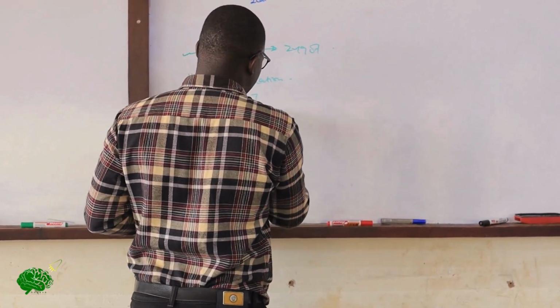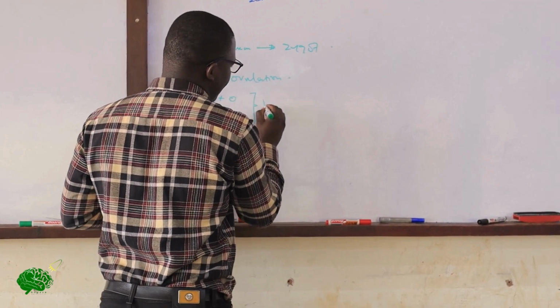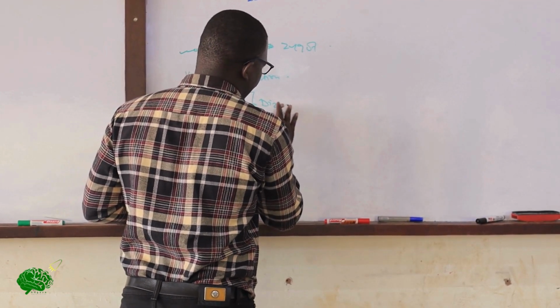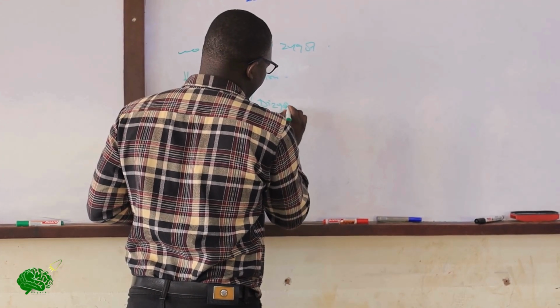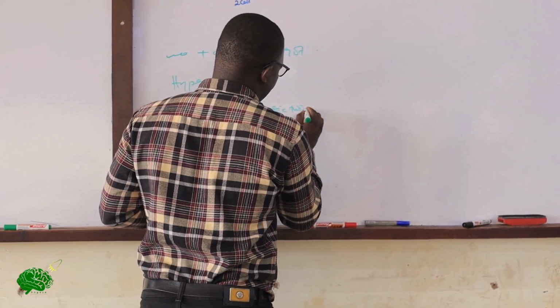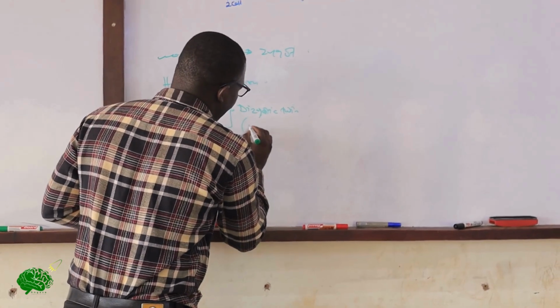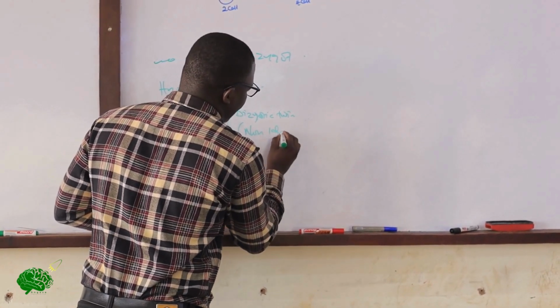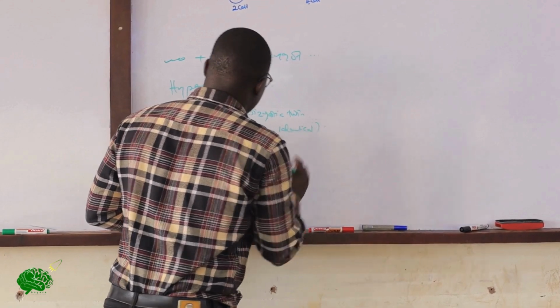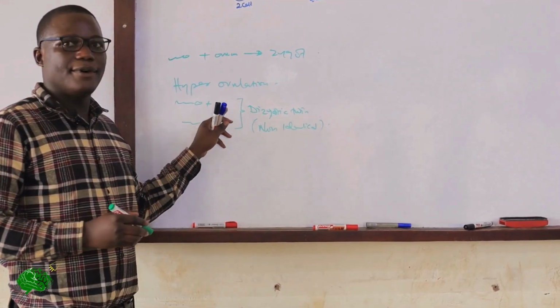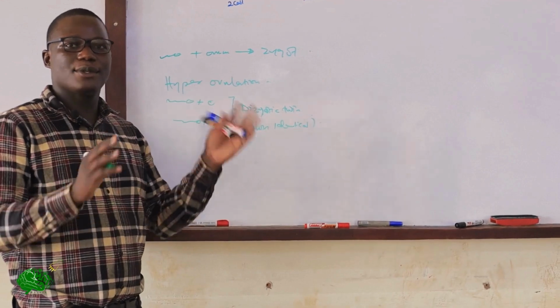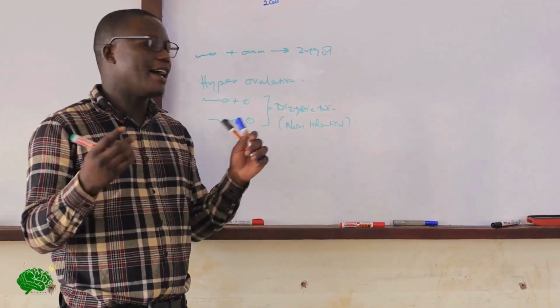This one will lead to formation of what we call dizygotic twins. In other words, these twins are non-identical. These twins may be of the same or different sex. They may also have different physical attributes.